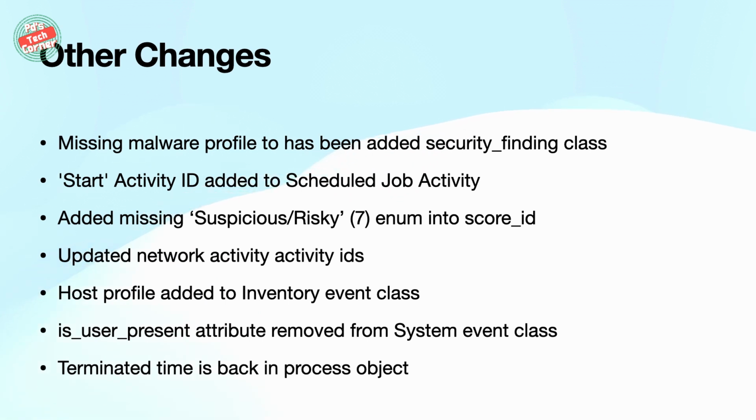Then network activity IDs have been updated also. What they have done is they have removed failed and refused activity IDs from the network activity event class, and they have renamed established to open and close to close. So these are the changes which have been done in the network activity event class.